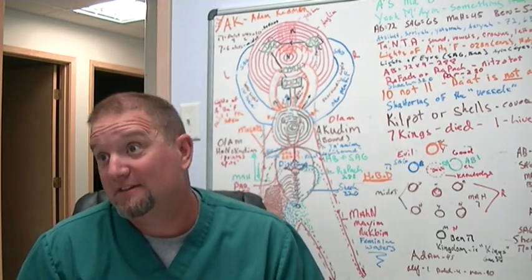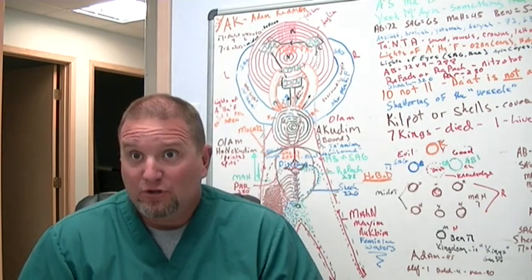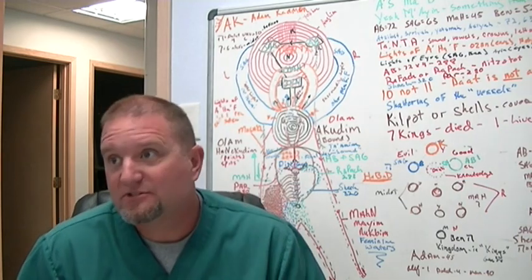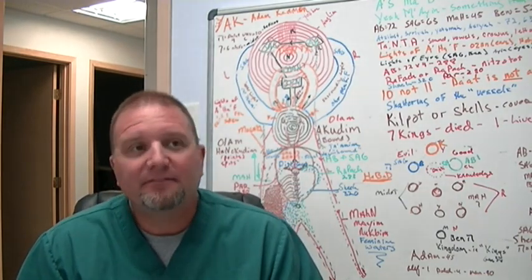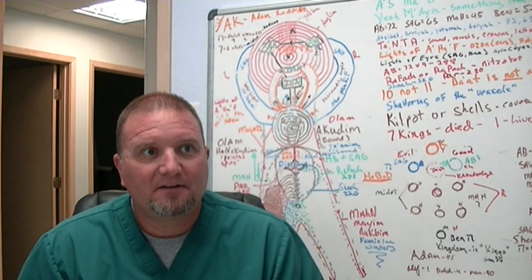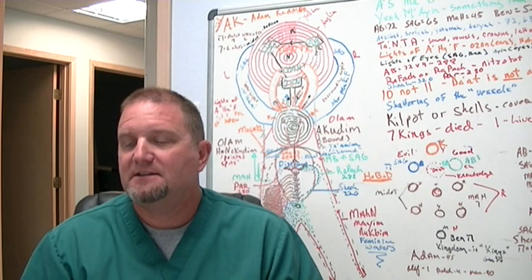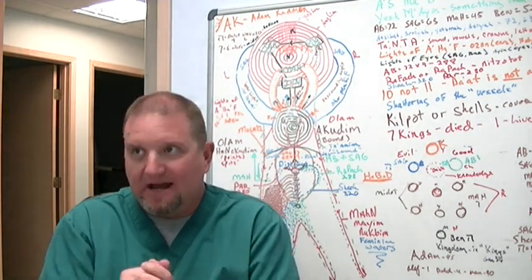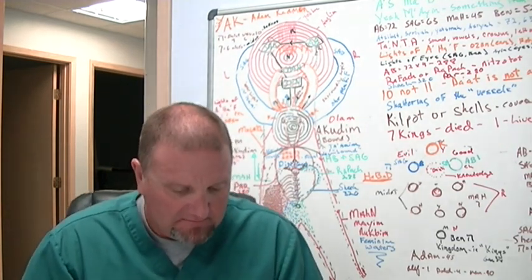So this is where we're getting the two sides of the Nukva that Adam, who is Zeir Anpin, is going to have to have. Yeah, he's got chaos and order. He's got to fix the whole thing. So he's got to make Tikkun. All right.